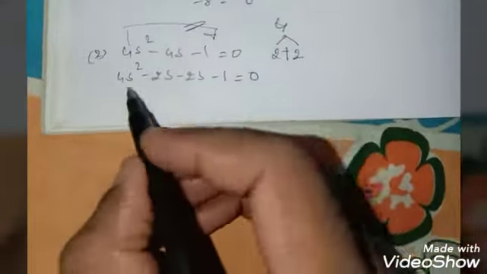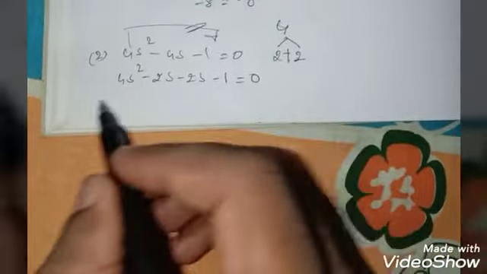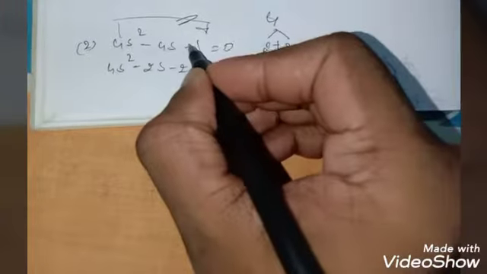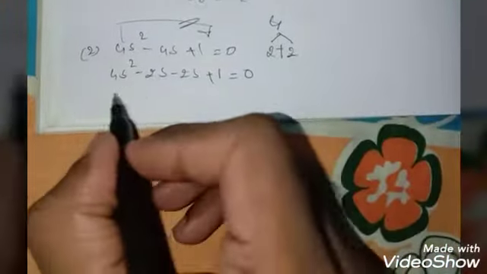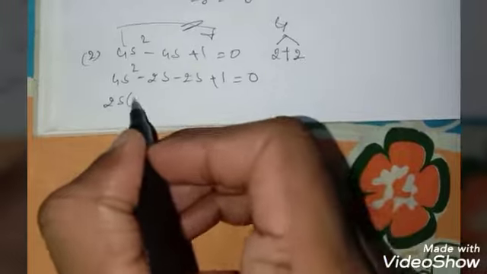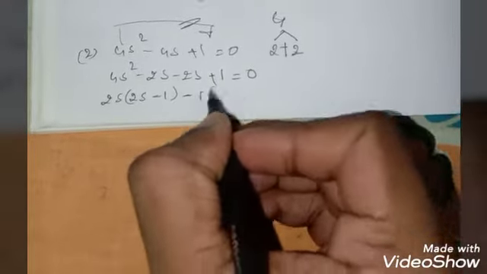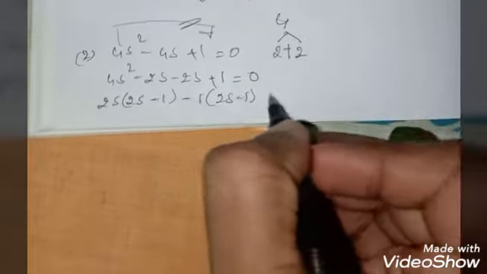Right, next after that, sorry, this is plus 1, this is plus 1. Now in these two, 2s is common, so I can write 2s into 2s minus 1. In the other two, if I take minus 1 common, you will get 2s minus 1 equal to 0.